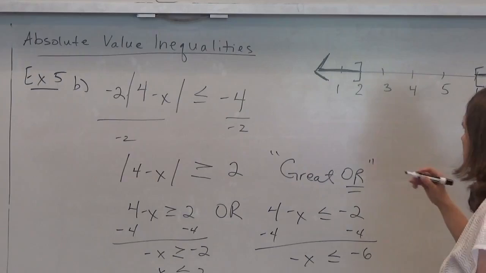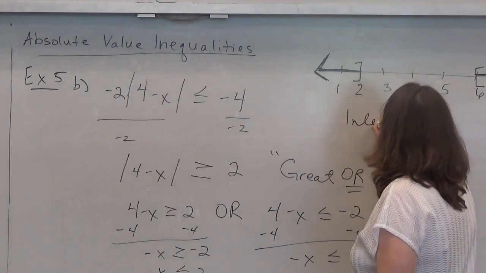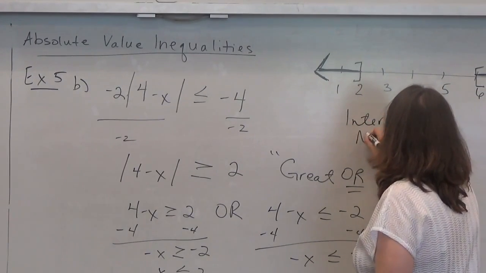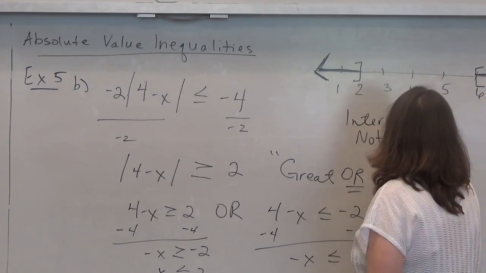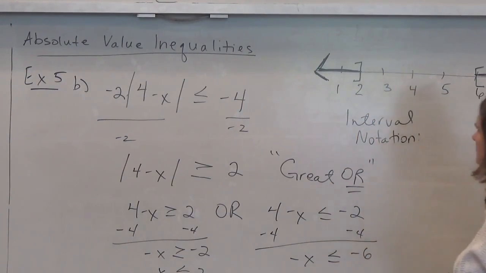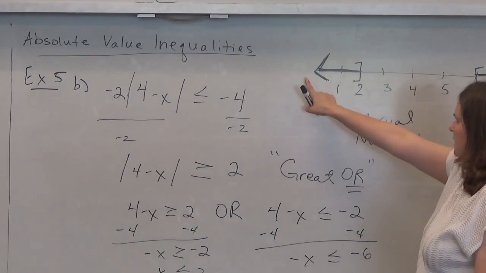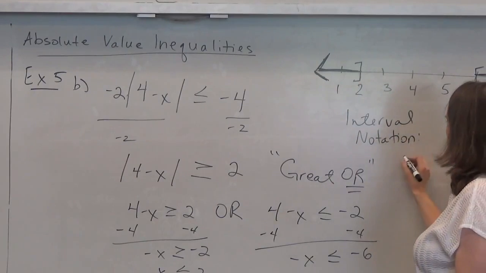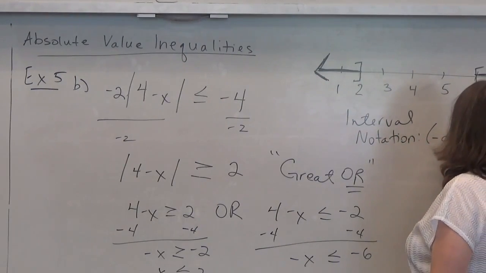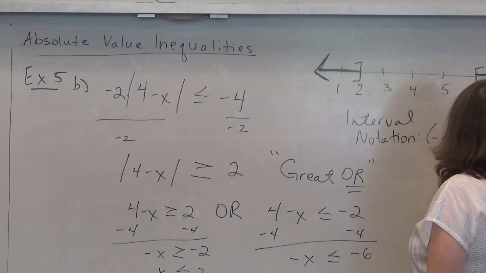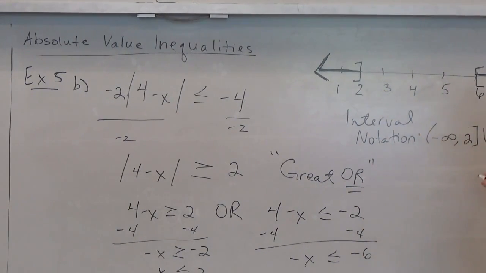My interval notation will be, think about what you think the interval notation should be. Pause if necessary, but interval notation is going to be parentheses negative infinity to 2 with a square bracket, union, because you've got a gap, so we put the union symbol, and then square bracket 6, comma, infinity, parentheses.